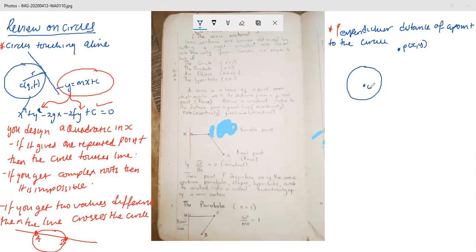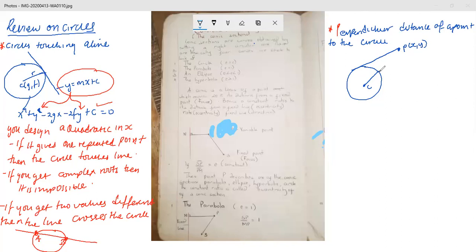You have your center there, and you have your radius there. But if I draw a tangent through P, this tangent can touch the circle. Like this.